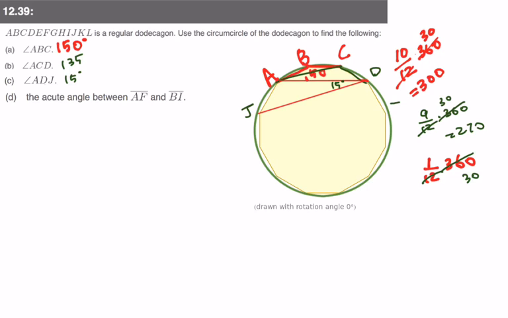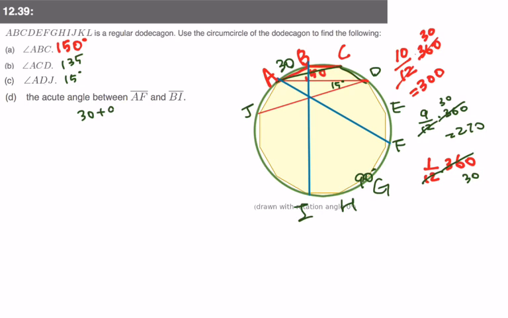What is the acute angle measure between AF and BI? AF would have been that one, BI would have been that one. Then we see that AB must be 30 degrees, which is 1 out of 12. And then IF would have been equal to 90 because it covers 3 sides. Then obviously the angle will be the sum of 30 and 90 divided by 2. We get a 60-degree angle. That becomes our answer.